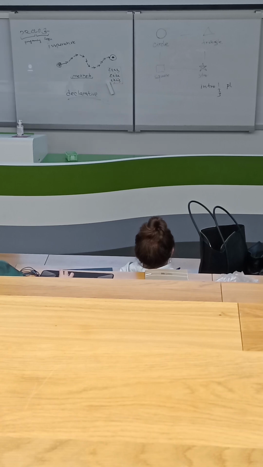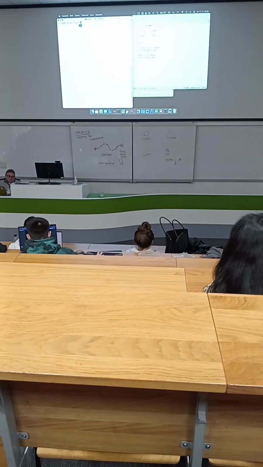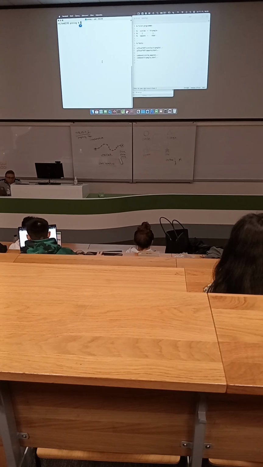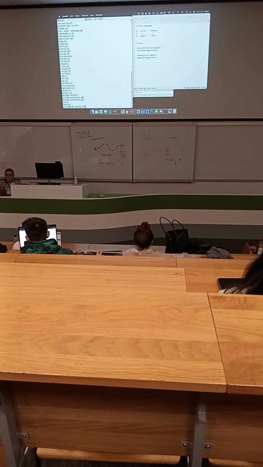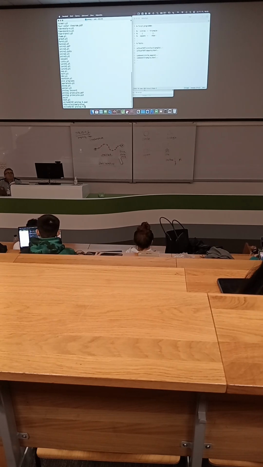Well, Prolog. How is it installed? I do not need any graphical environment, just the command line. My operating system is Apple, so it is Unix. Windows is similar, and I have a command line. So here I can list files, I can print the directory. So this is Unix.